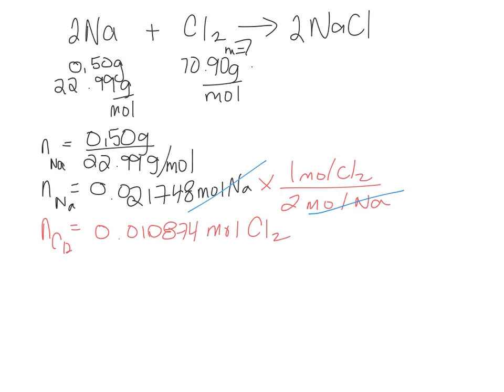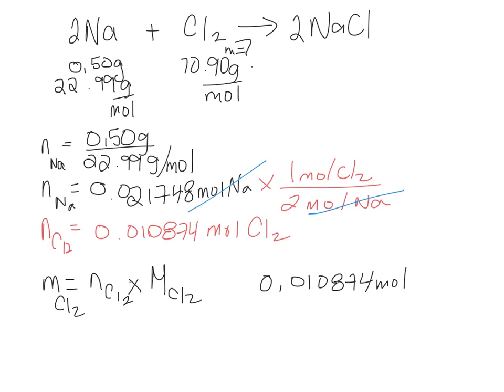We want the mass of chlorine. So we take the moles and we times it by the molar mass. So 0.010874 times 70.90.